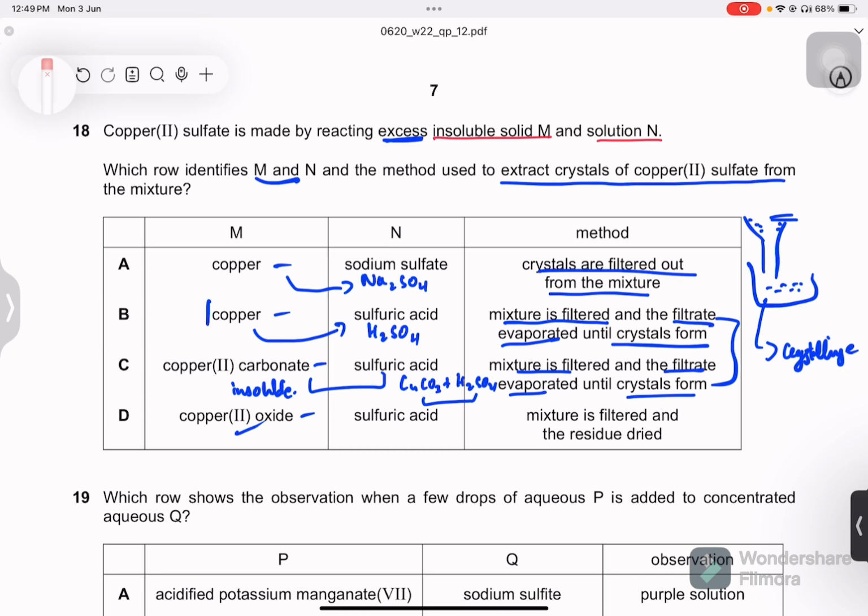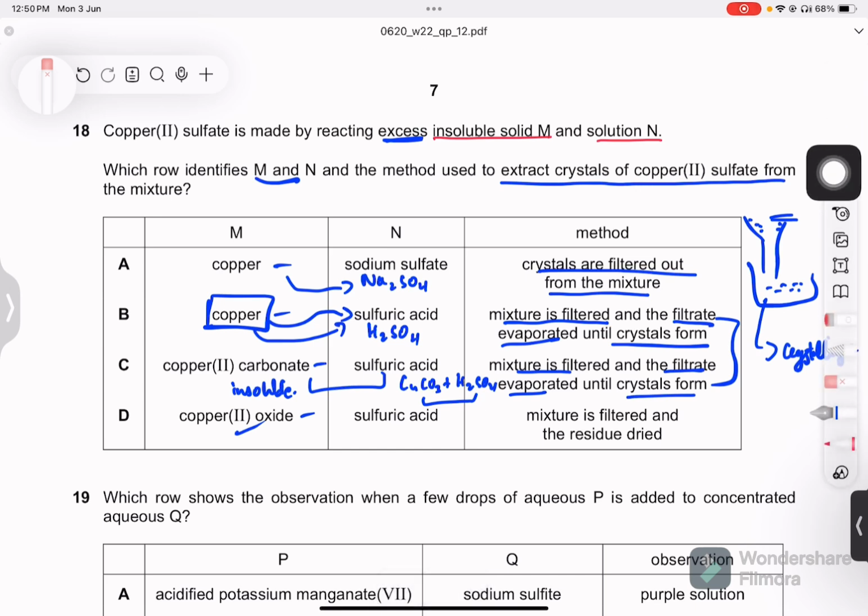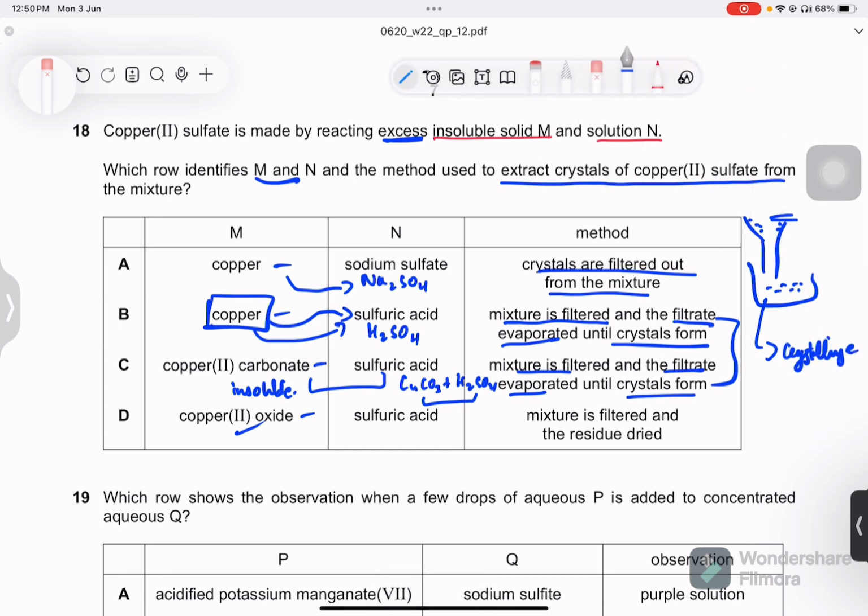Over here, it was just displacement, not a reaction between compounds.